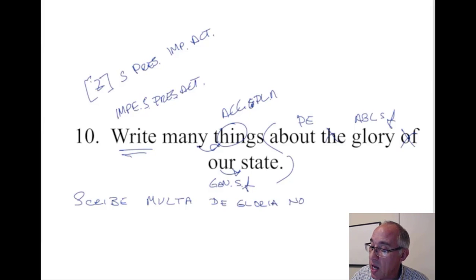De gloria nostri civitatis. Notice, civitatis is your genitive ending for a third declension noun. Nostri doesn't look like it, but nostri is a first or second declension adjective, and that is the genitive singular feminine ending of a first or second declension adjective. How's that?